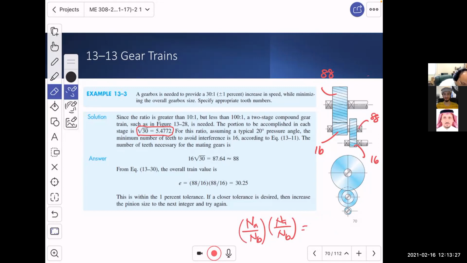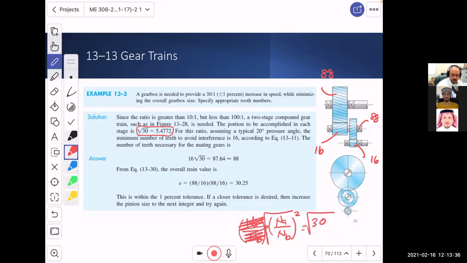So it's 30. So this one now is squared, forget about this. And then you get the ratio as the square root, which is NA over NB equal to the square root of 30. So this is M now. M will be the square root of 30. This is just a rough estimation.